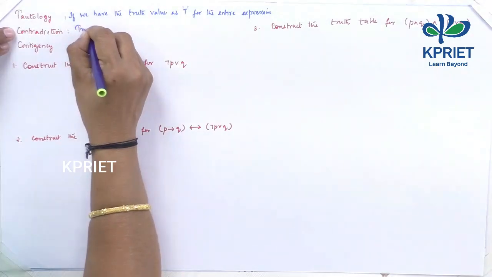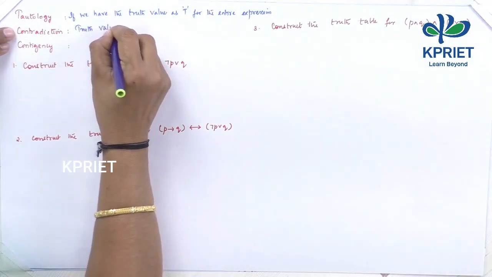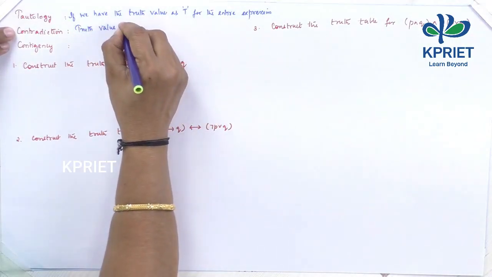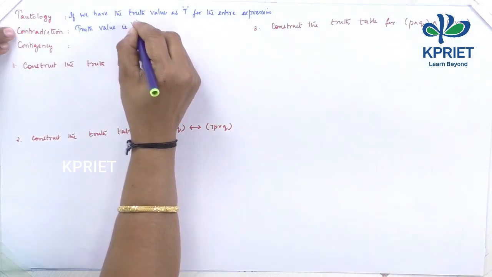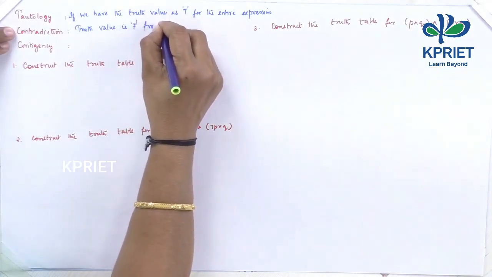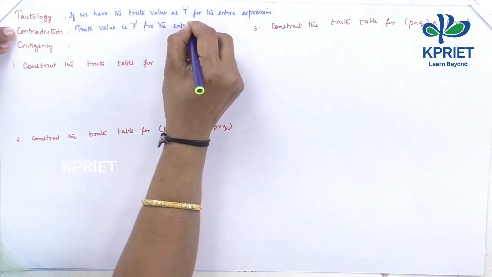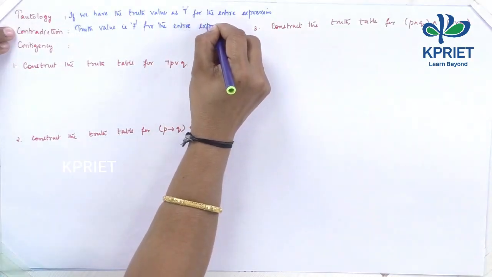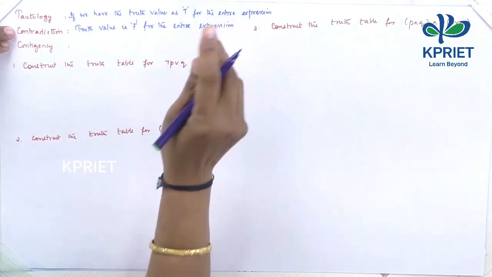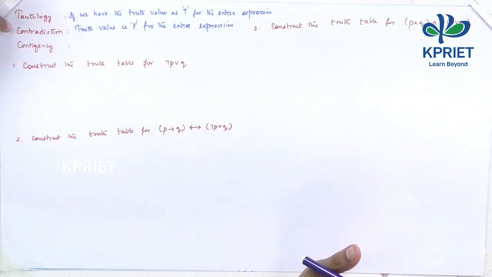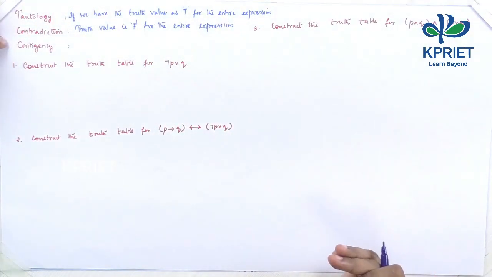The truth value is F everywhere for the entire expression. So, if we have the entire expression truth value to be F, then it is a contradiction. Then what is all about contingency?